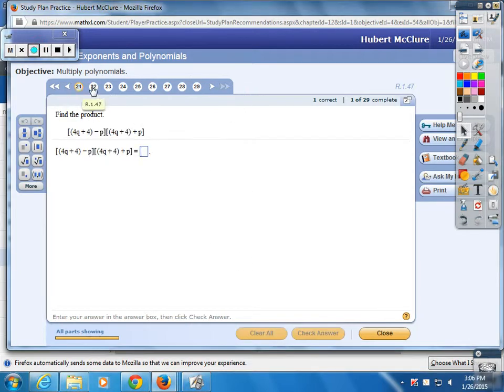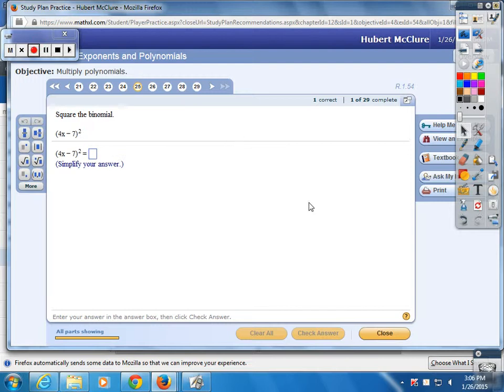We feel good about ourselves? Okay, we don't know. Use the FOIL method. That's pretty simple. I'm going to let y'all do that for homework. Which one's that one look like? Shortcut number what? Number 2. Good.